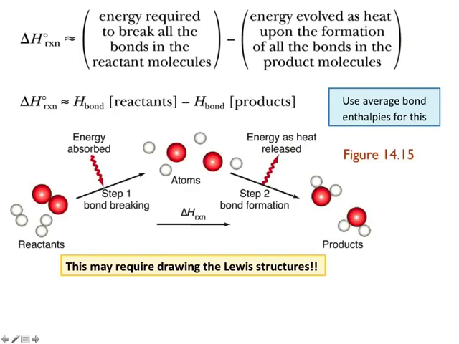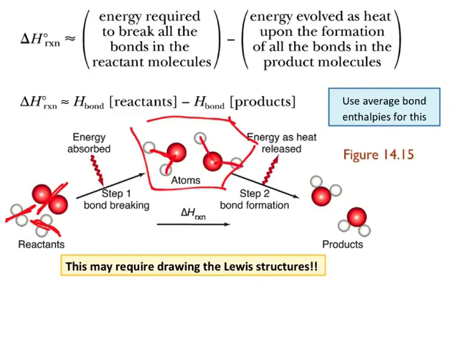So again, when we do this, we're going to take the reactants and we're going to imagine that we break them apart. Break this, break that, and break it right here. And then we have our individual atoms in this kind of middle step. And then we're going to reform. Hydrogen and oxygen come together like this, they come together like that, and we make our two new products.